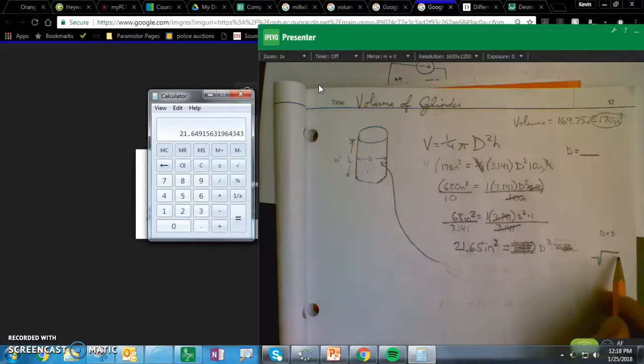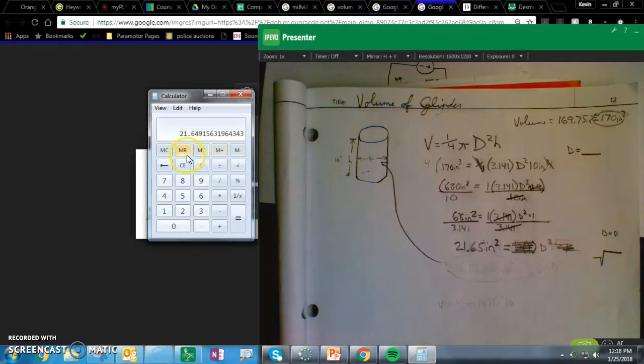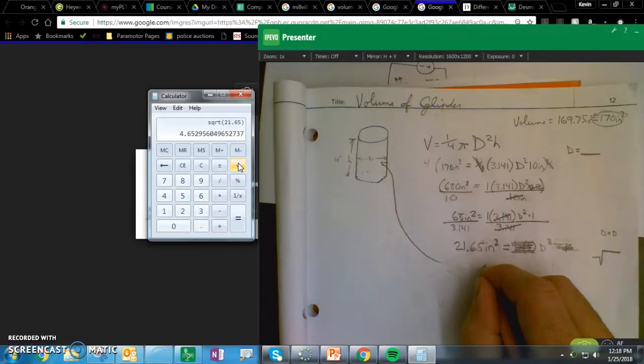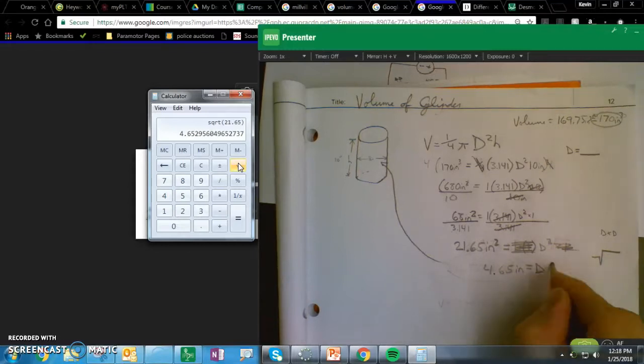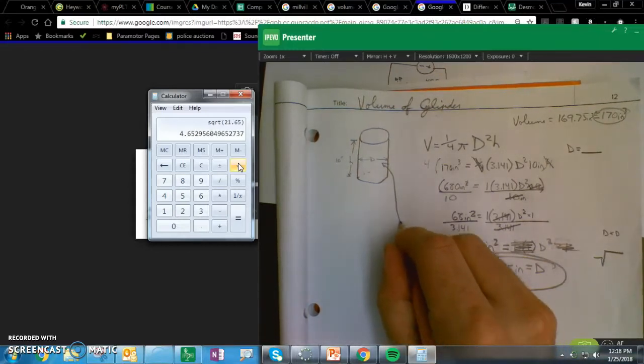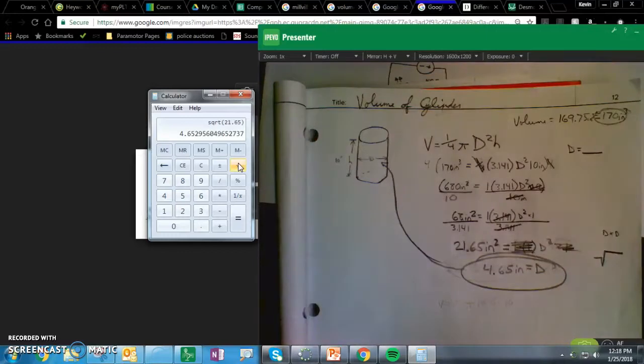Looks like a dividing line with like a little diving board on it. So you just put it in your calculator. 21.65 square root, and you will have 4.65 inches equals D. This is your answer for your diameter.